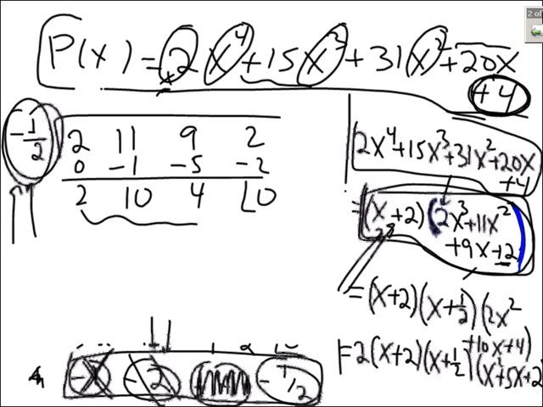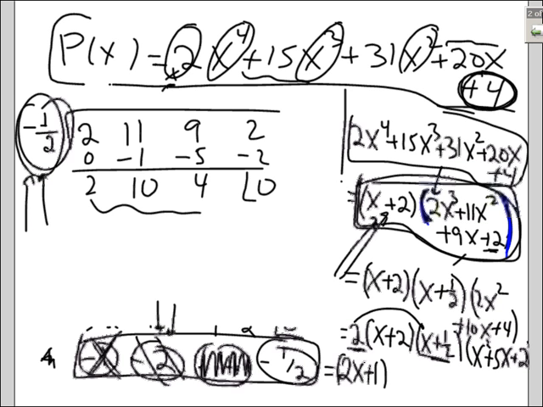And now, the order you multiply is up to you. I choose to multiply this 2 by the x plus 1/2. And then I'll get 2x plus 1: 2 times x is 2x, 2 times 1/2 is 1, and then times the rest.